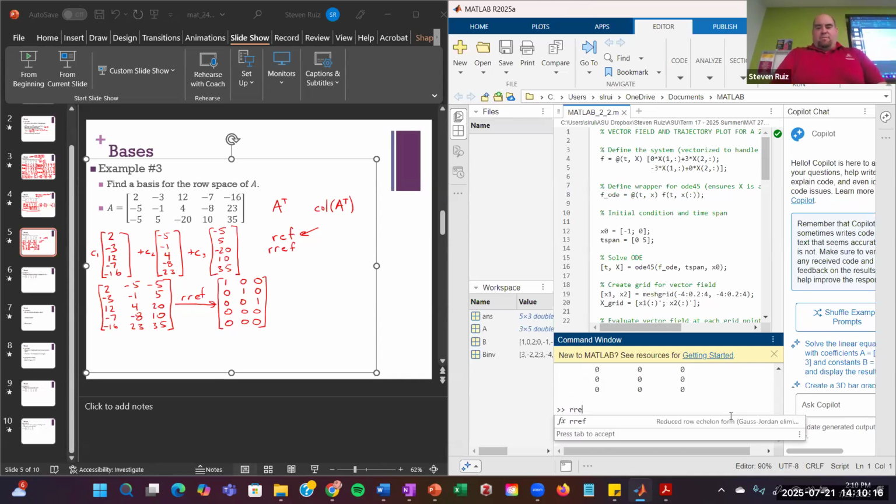Yeah, I think if I do RREF A, this is bad. I wonder what the calculator thinks you're doing. Put in 20 or -1? It should be -1.